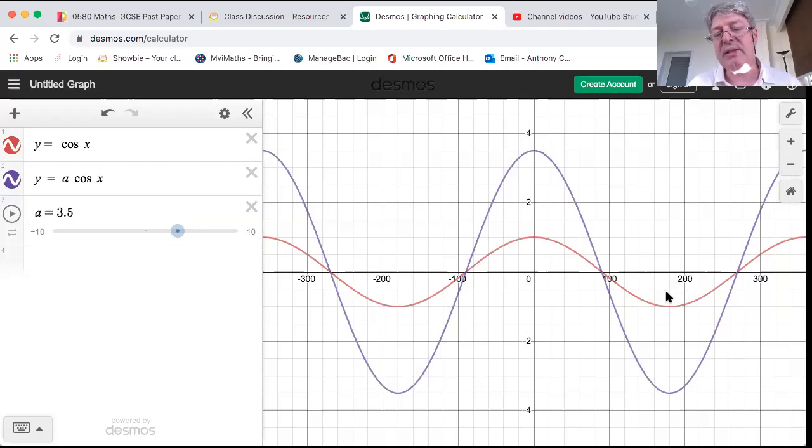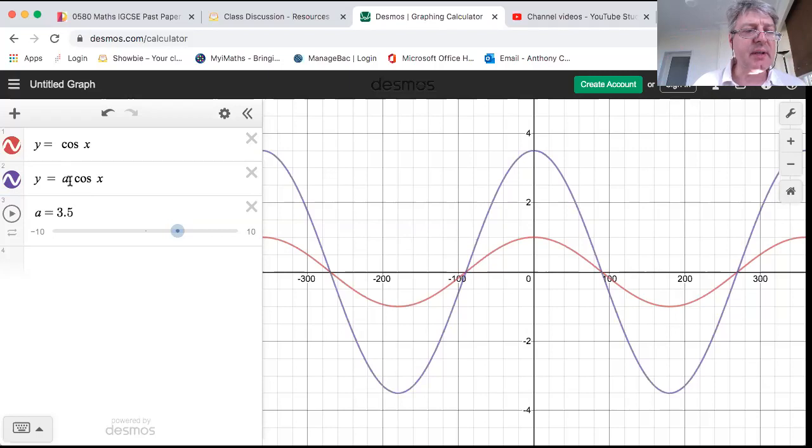If we want to change the amplitude, this is when we multiply the cos x graph by something, and here you can see it's by 3.5. So the amplitude is now 3.5 in both directions. So that's a stretch in the y direction, parallel to the y-axis, right? Parallel to the y-axis, that's the important thing.